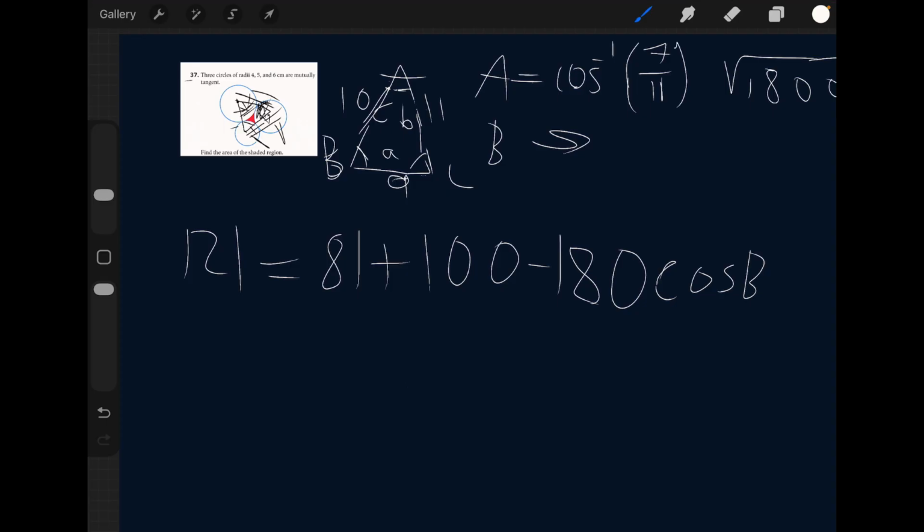And simplifying as we did before, we'll get that cosine B equals 181 minus 121, which is just going to be 60 over 180, as we had here. And knowing your multiplication tables, you get that this is just 1/3, because 6 times 3 is 18. 60 times 3 is 180.